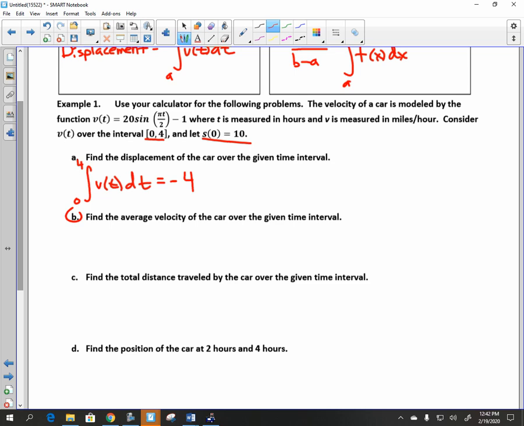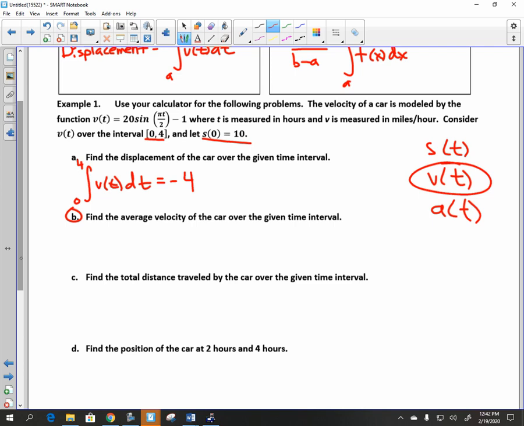Let's go to B. It says find the average velocity of the car over the given time interval. This is where people really struggle, so we're going to try to help you in, okay? Am I given the position function, the velocity function, or the acceleration function? Which function am I given in the problem? I'm given the velocity function.